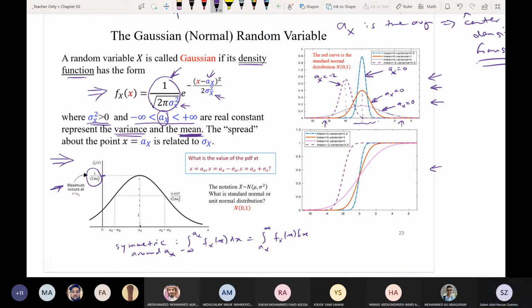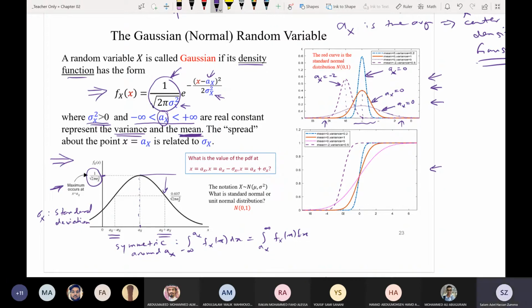Now, from the maximum, going to the values at AX plus 1 sigma X and AX minus 1 sigma X. Not sigma squared, sigma. Sigma X here is called the standard deviation. Again, we'll come to it later in detail. What does it mean? Standard deviation is basically the square root of the variance.